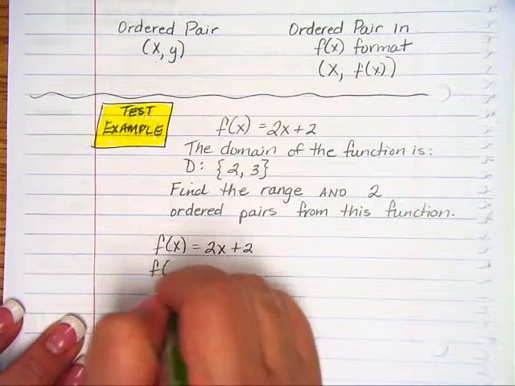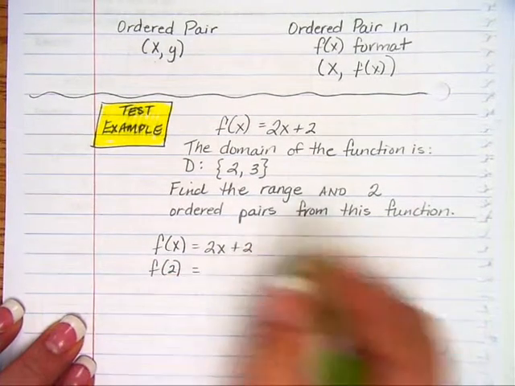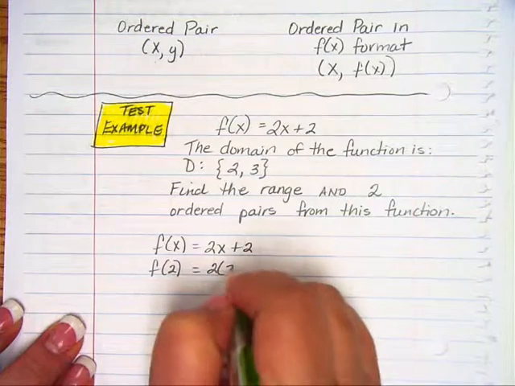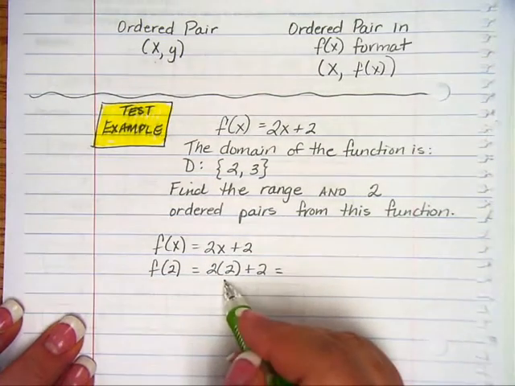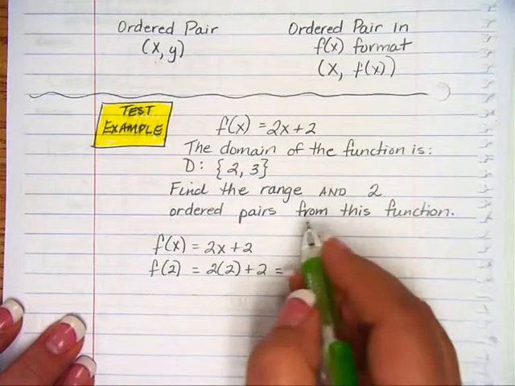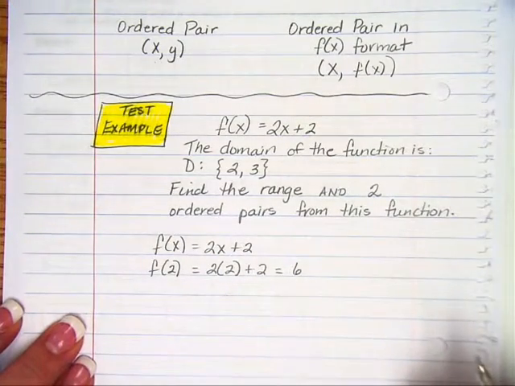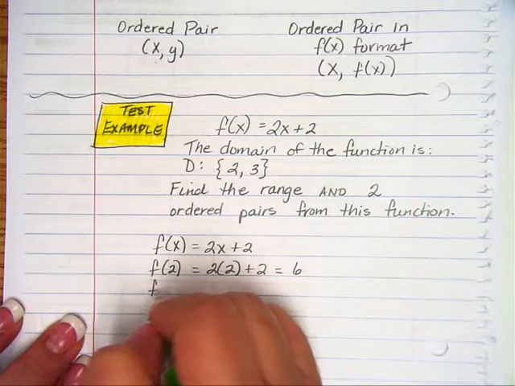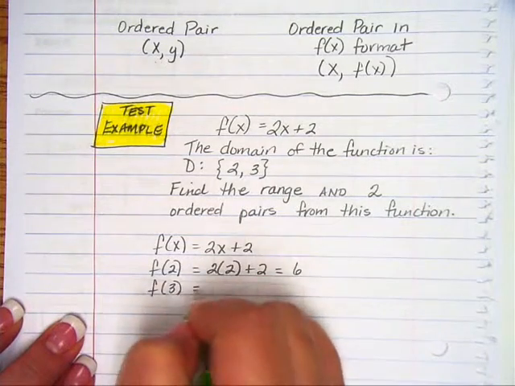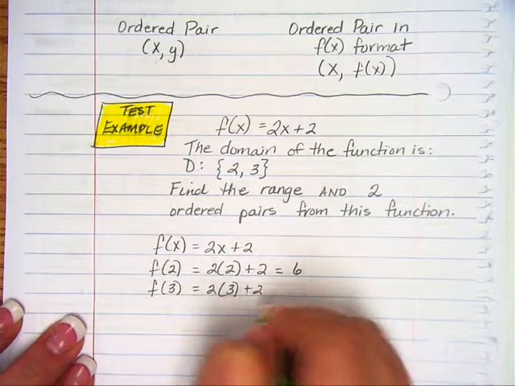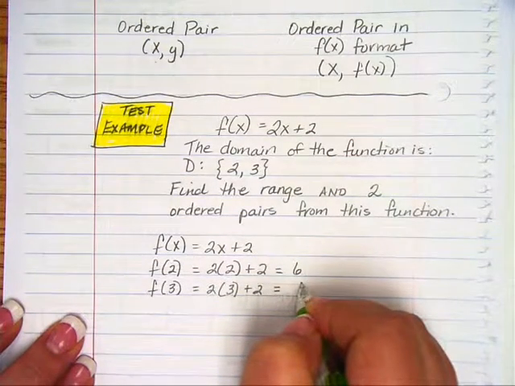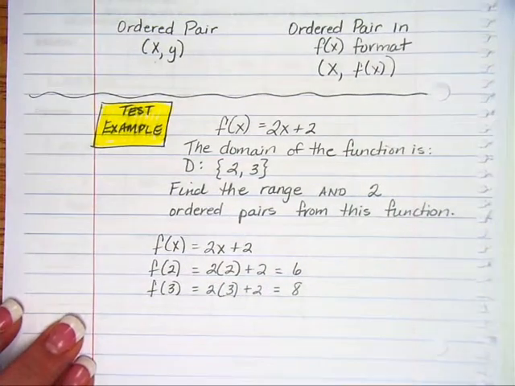So f of 2 is 2 times 2 plus 2, which is 4 plus 2, 6. Okay, f of 3 is 2 times 3 plus 2, which is 8. Okay, go ahead and write that down.